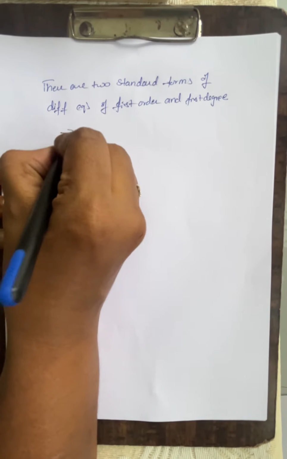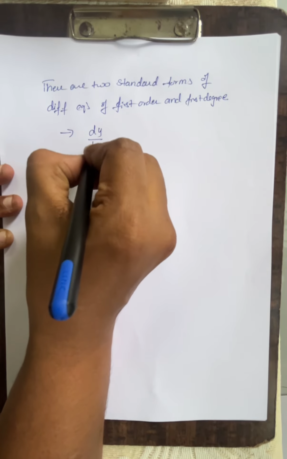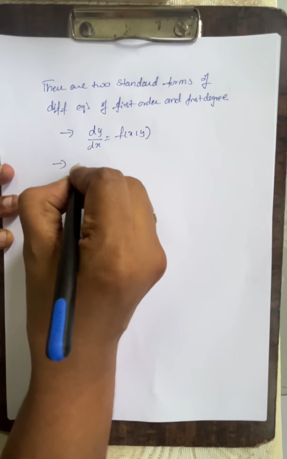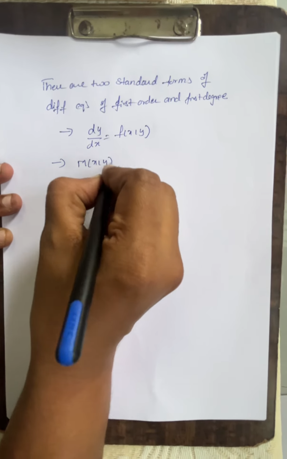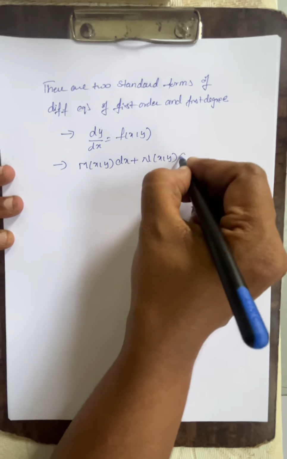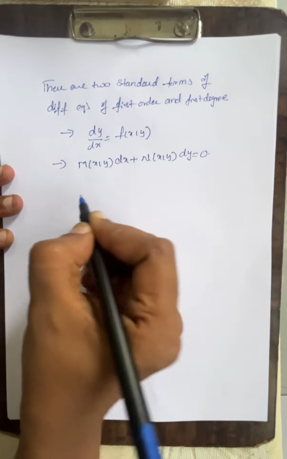The first form is dy by dx equal to f of x comma y, and the second form is m of x comma y dx plus n of x comma y dy equal to 0.